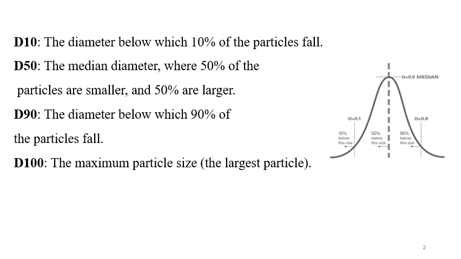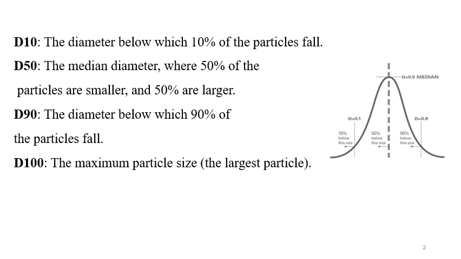Whenever you perform the particle size analysis, you will get the data with some graphs and some values like D10, D50, D90 and D100. So what is the exact meaning of these terms?